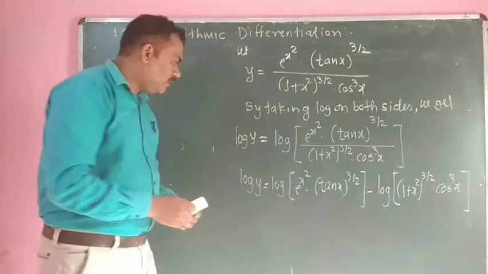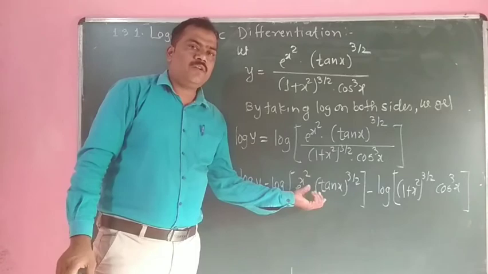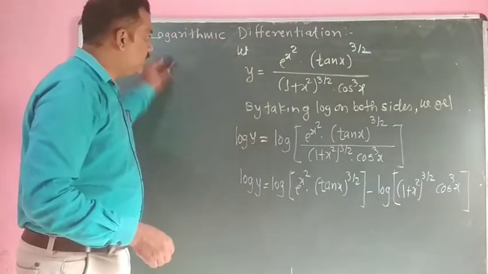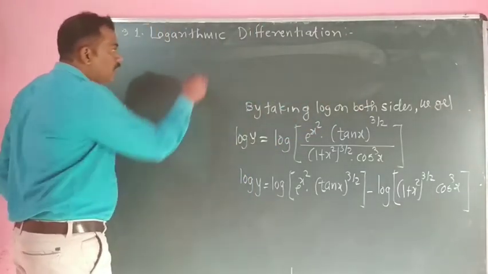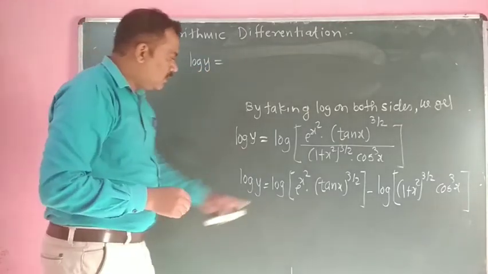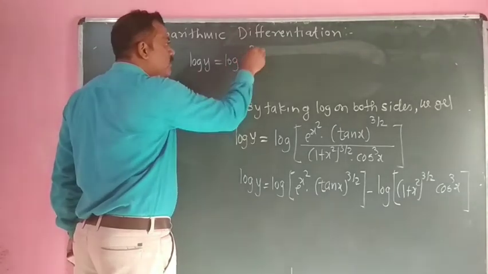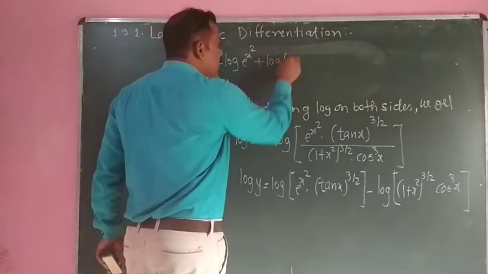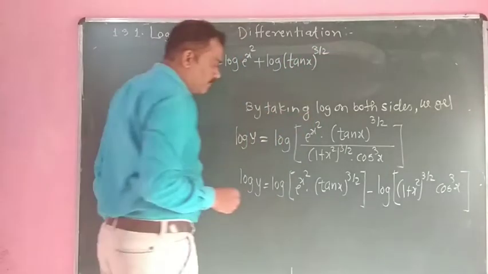Now a product is there, so we use the product rule for logarithms and simplify this as log of y is equal to log of e raised to x square plus log of tan x raised to 3 by 2.